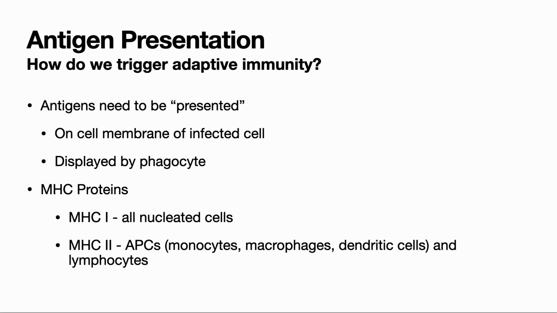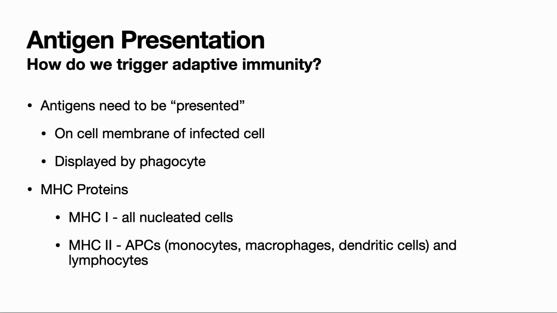They are essentially the same. They both do the same thing. They hold out the antigen so that our lymphocytes can see the antigen and react to it. The difference between them is which cells have which MHC protein, and then in turn, which lymphocytes can respond to those proteins.